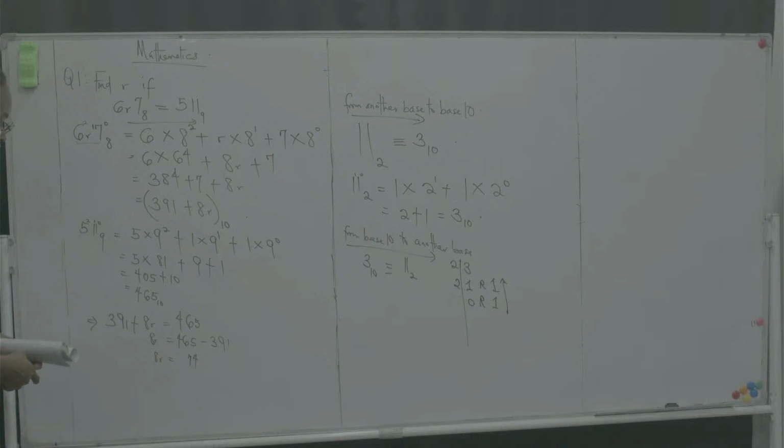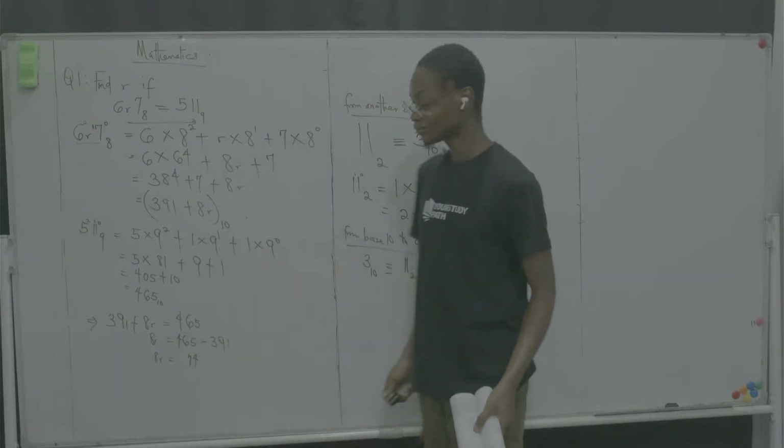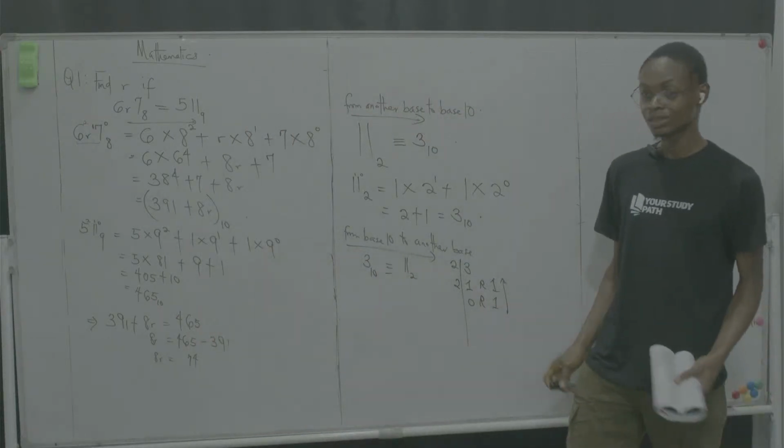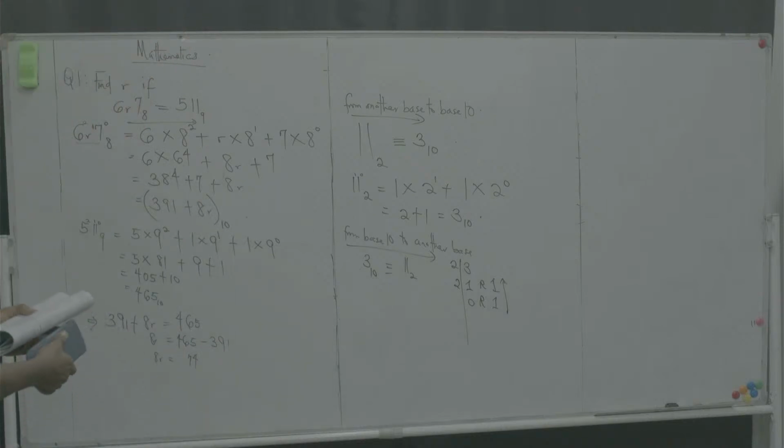And then from here, if you divide by 8, what would your value be? You would have 74 divided by 8, that would be 9.25.